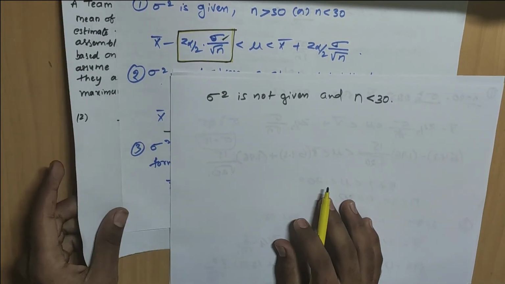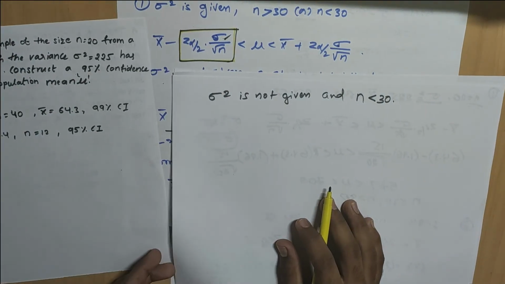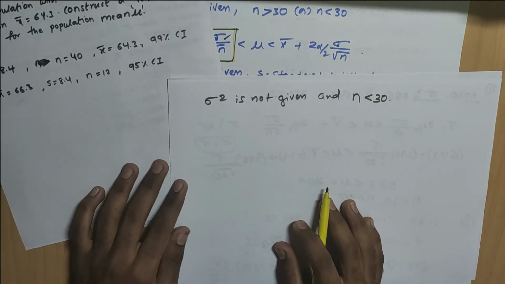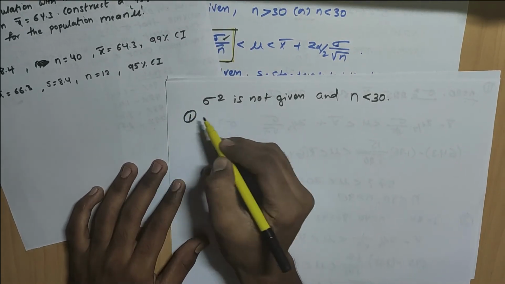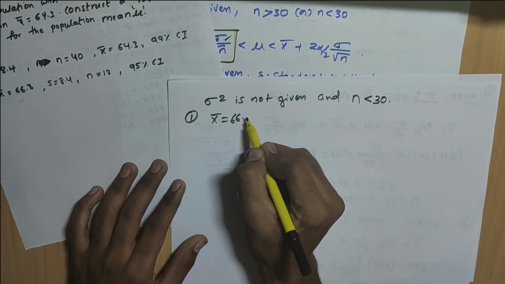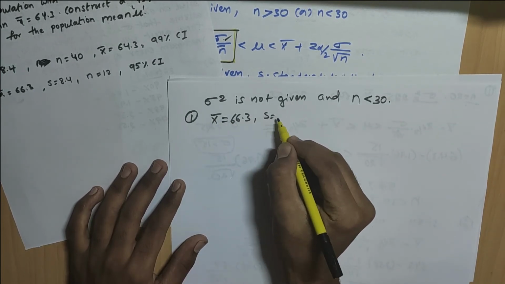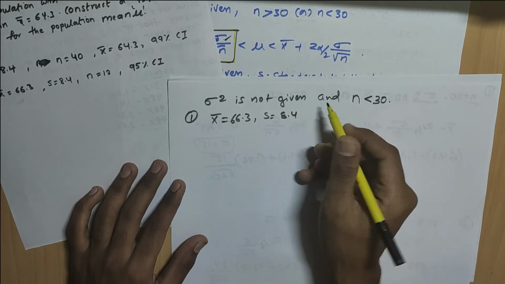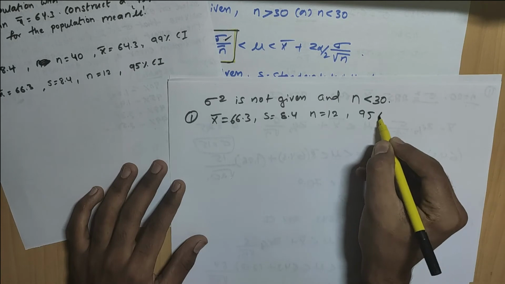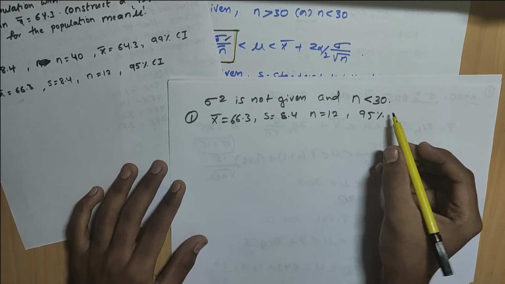I'm going to take one example here, where x bar is equal to 66.3, s is equal to 8.4, n is equal to 12, and a 95% confidence interval.